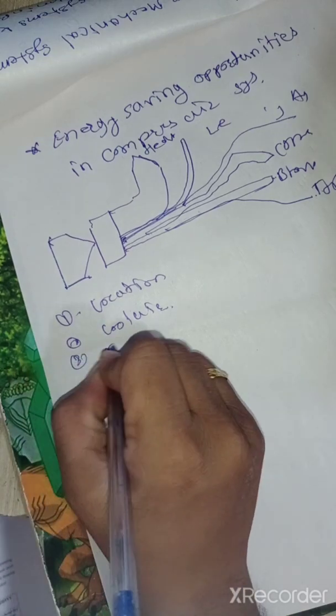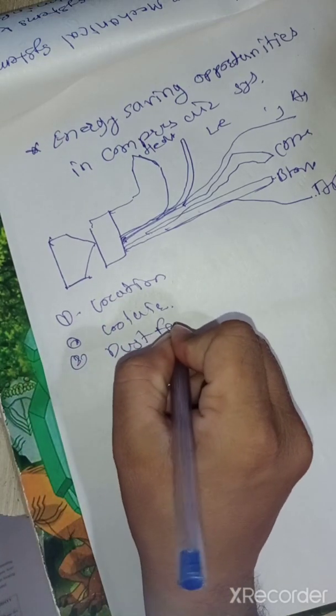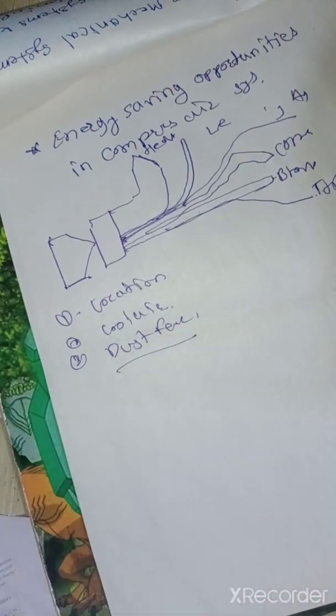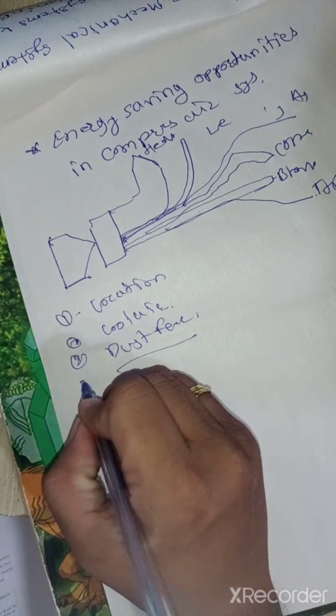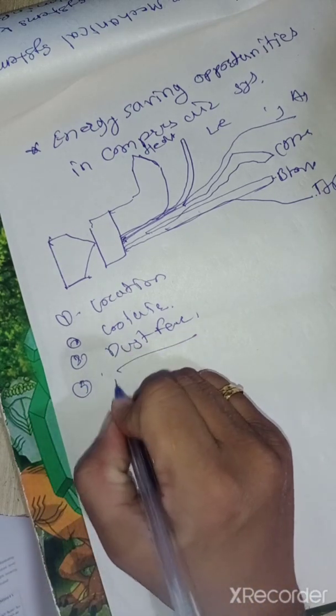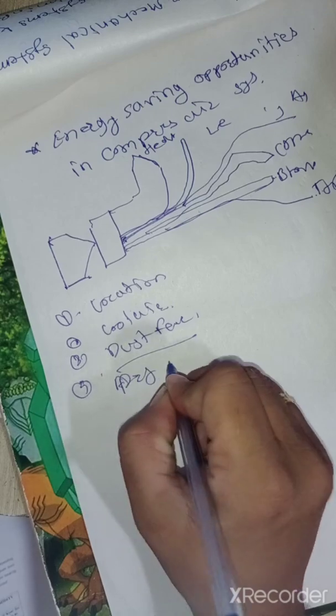Next, dust free air. Dust in the suction air causes excessive wear of moving parts and results in malfunctioning of the valves due to abrasion. Suitable air filters should be provided. Fourth one is dry air intake.